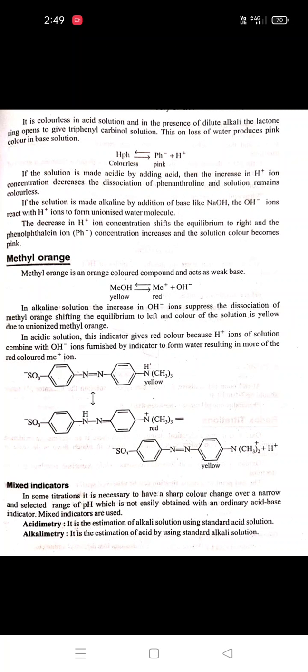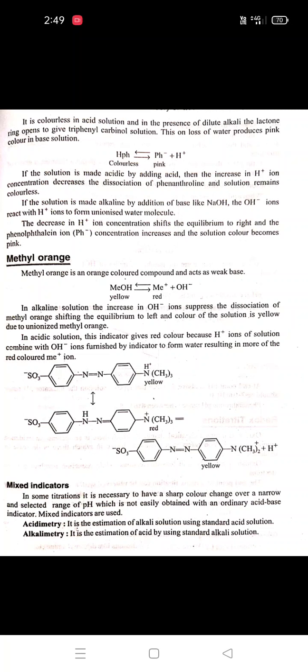But in some cases, colorless compounds like ammonia and acetic acid are also weak base and weak acid, but they do not have any color. So that's why we are not using them as indicators.